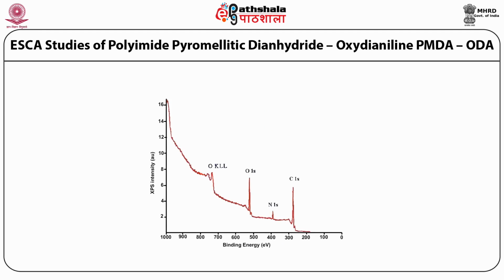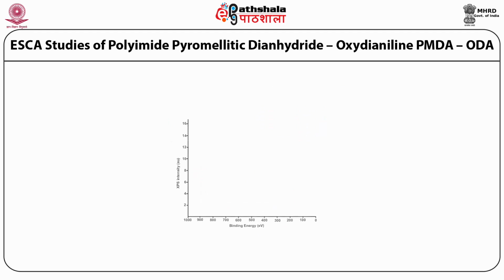One deals with PMDA and the second deals with the ODA part, and they have been linked and you get this complex molecule. When it is subjected to ESCA studies, we get a spectrum of the kind which has been shown, wherein binding energy and XPS intensity are recorded.